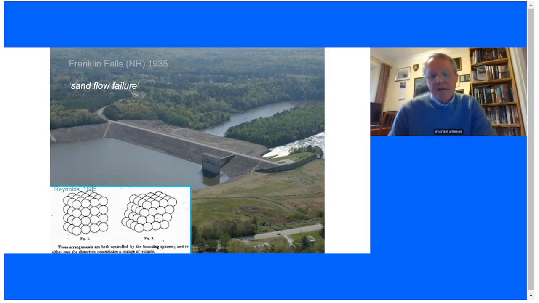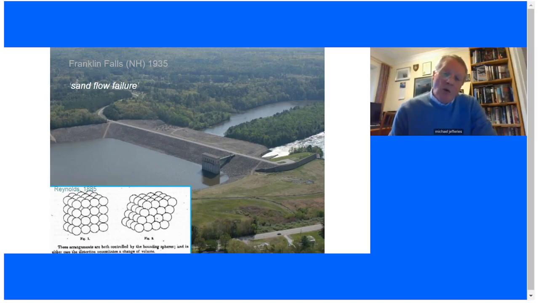And what Reynolds deduced or observed was that if you distort either packing, the spheres have to move over each other, and that moving over each other will cause a change of volume. This is most easily seen on the right-hand scheme, which are the densely packed ones. It's easy enough to see if you distort that lattice, the array of spheres has to expand.